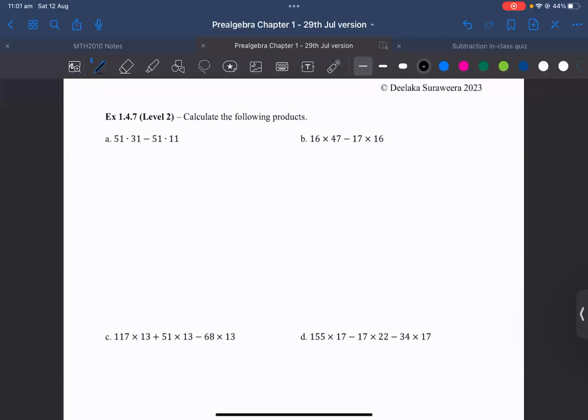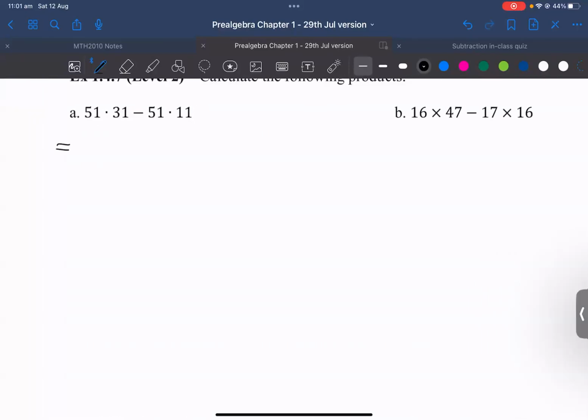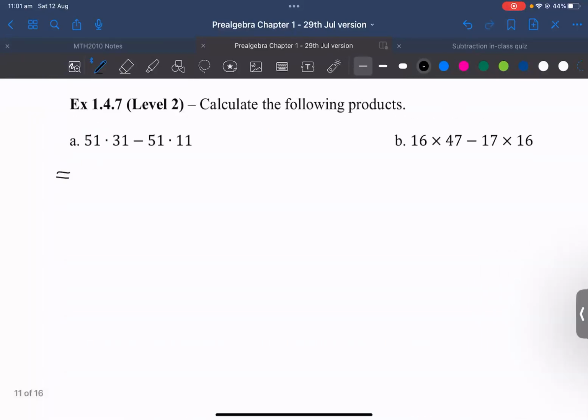All right, so we'll discuss A and B now. For A, if you're not sure what the working out should be for this one, also take a look. You want to show nice working out. Obviously, you don't have to do this, because working out is whatever's comfortable for you, but you can think of it as taking out 51. You show it as just taking 51 out of there, and you put the other numbers inside the bracket. It's 31 minus 11.